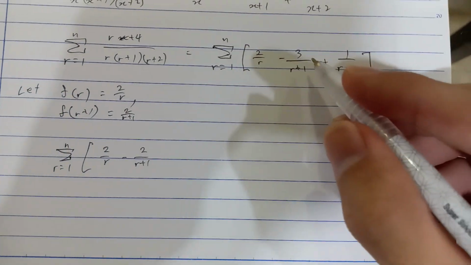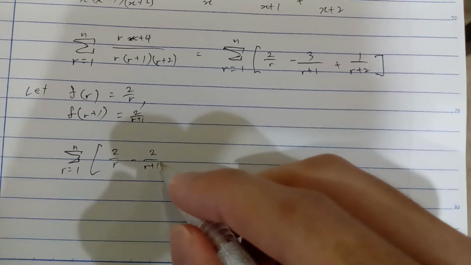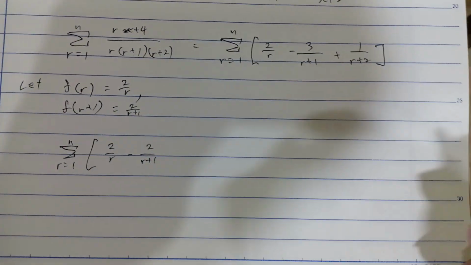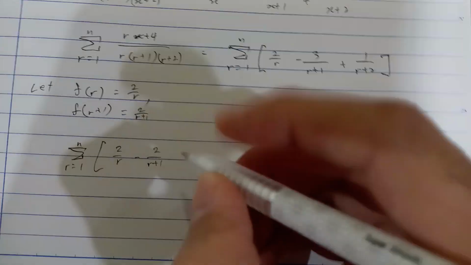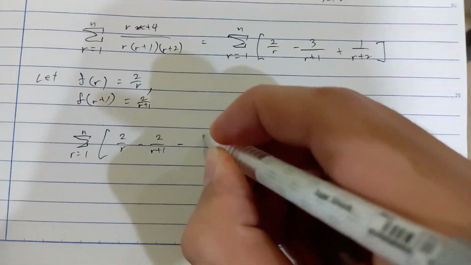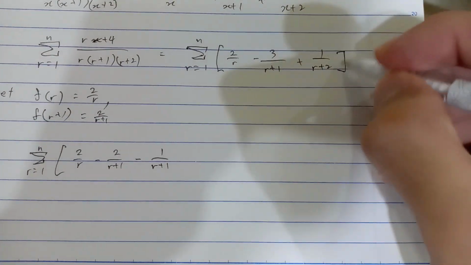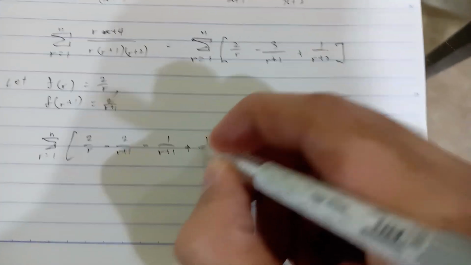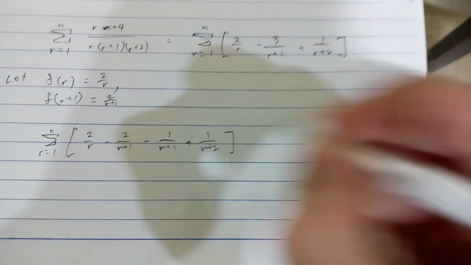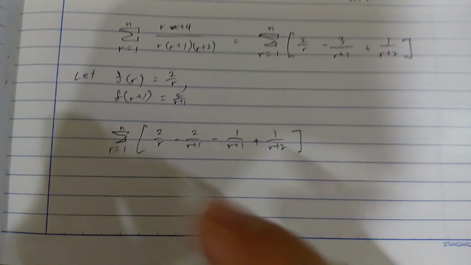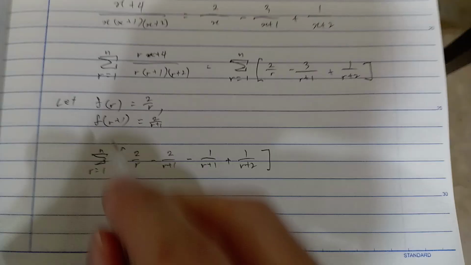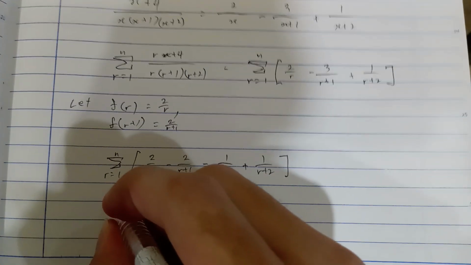Now, this minus this equals negative 1 over r plus 1, right? So I'll write that, minus 1 over r plus 1. And then I just rewrite this as normal, plus 1 over r plus 2. Now let me substitute this with the two functions so it's easier to look at.